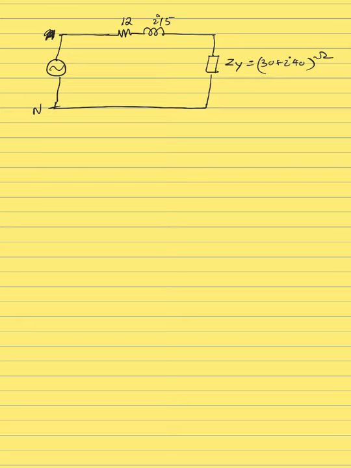What we have been told is that V_AN has a phase angle of 0 degrees, but what is its amplitude? We learned that in a Y connection there is a relationship between the line voltage and the phase voltage: V line equals root 3 times V phase, with an angle of 30 degrees as well.